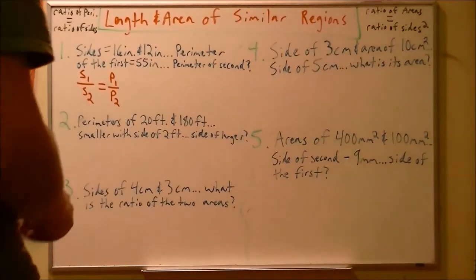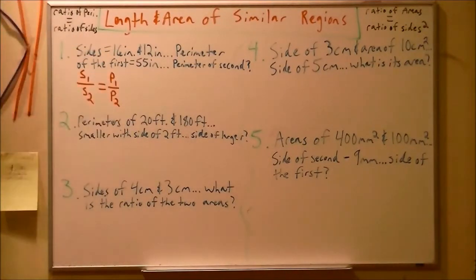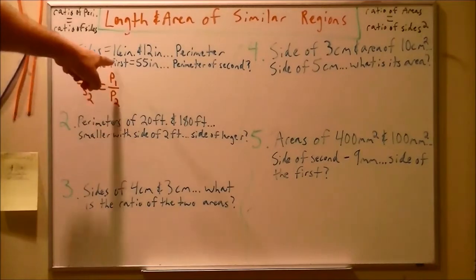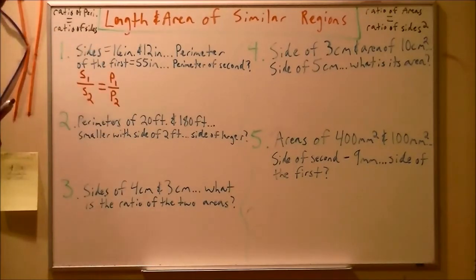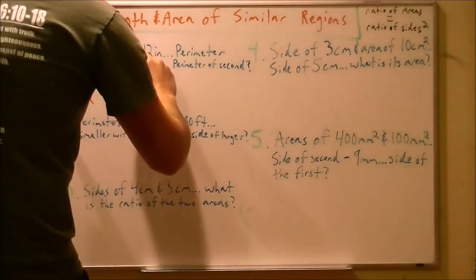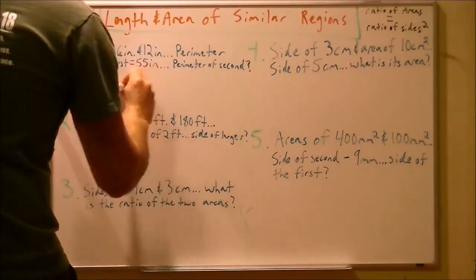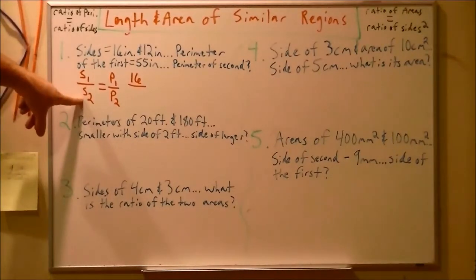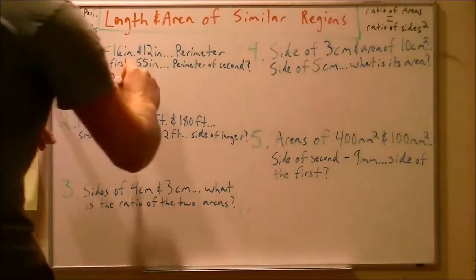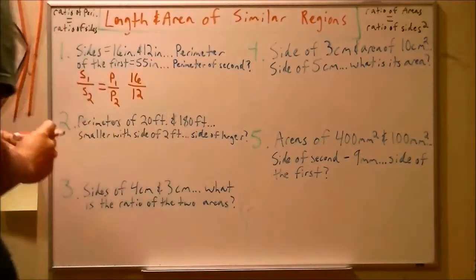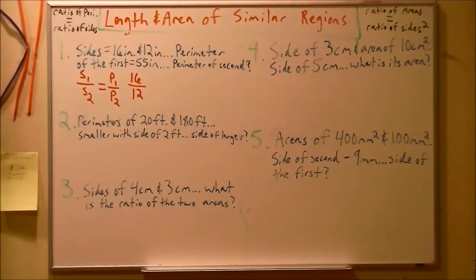So the side of the first one is what? How many inches? Side of shape 1, 16. So I'm going to put 16 on top over what's the side that I'm given of the second shape? 12 inches. So I have 16 over 12.